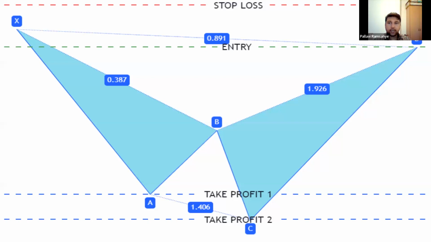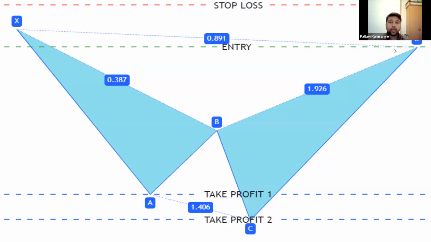Yeah, so we can take partials. There's something else that we have to do in order to protect what we've just done, okay? In order to protect the money that we've made, move our stop loss to break even, correct? So we're moving the stop loss from below point X to break even.